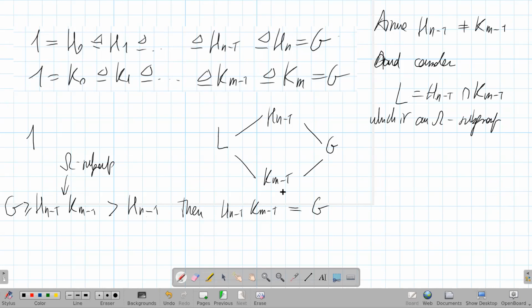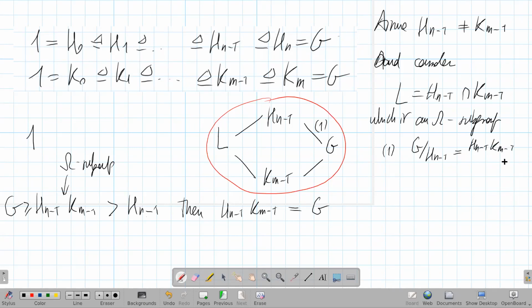But then look at this configuration. Let's look at this factor here. This factor is G over H_{n-1}, which is H_{n-1}K_{n-1} over H_{n-1}.